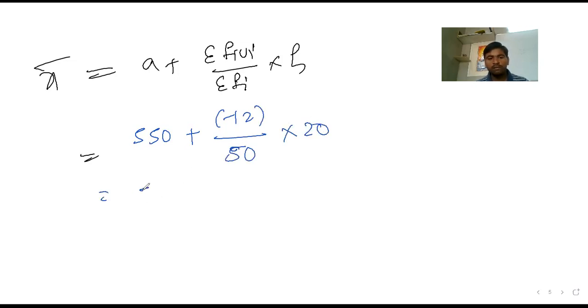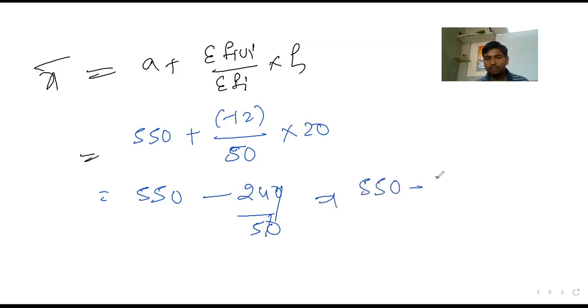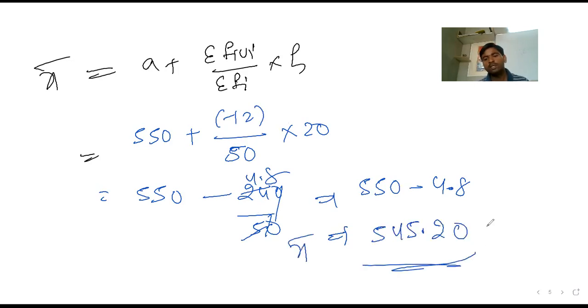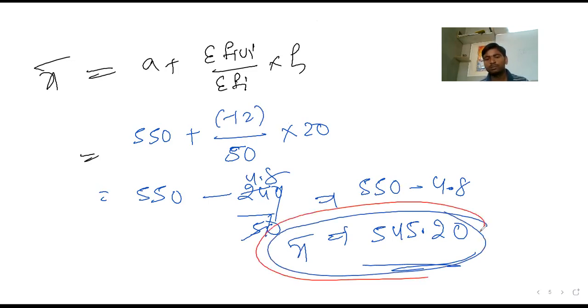So how much do you get? 550 minus 240 by 50, the zeros are going to cut. So 550 minus this, you get 4.8. Subtracted, you are going to get 545.20. This is the average mean you are going to get by using the step deviation method.